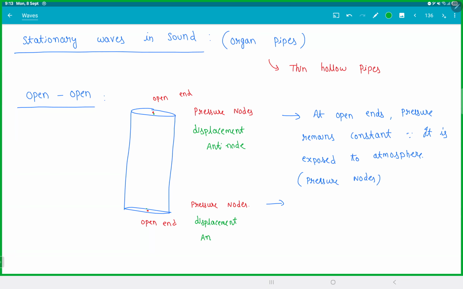Because if you put a particle there, there is no one to stop you from moving, so this thing oscillates freely without getting fixed.